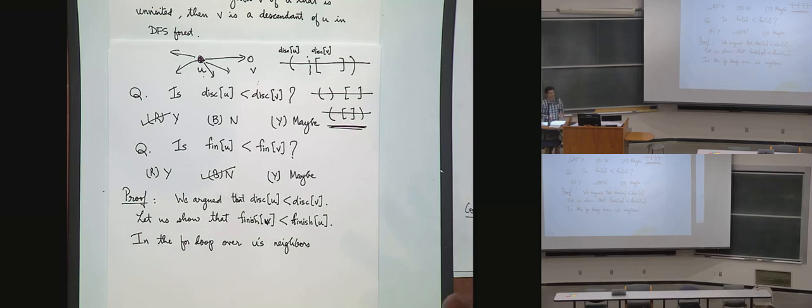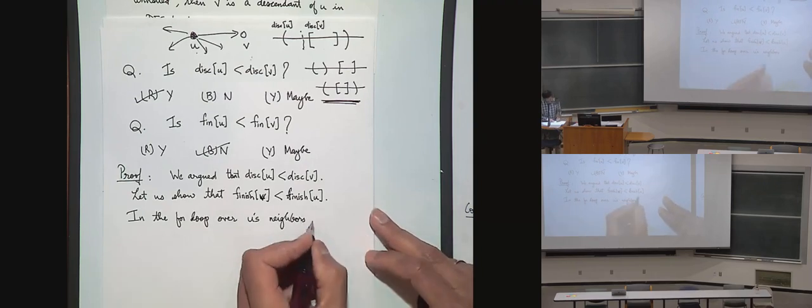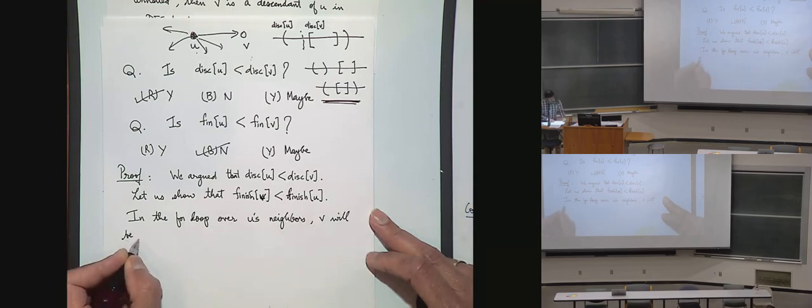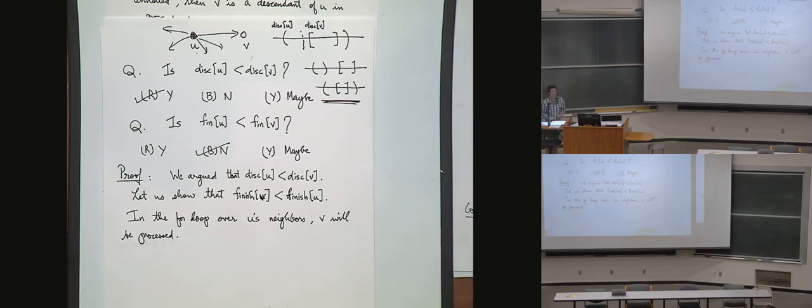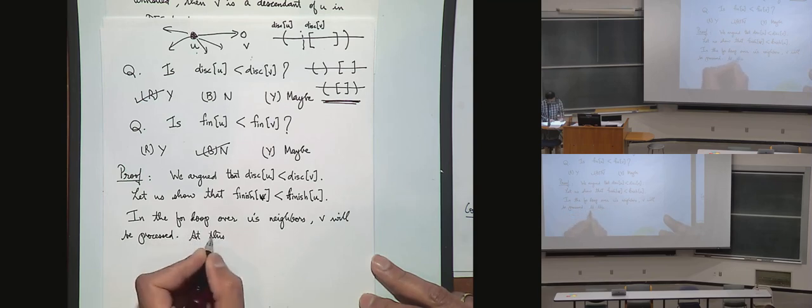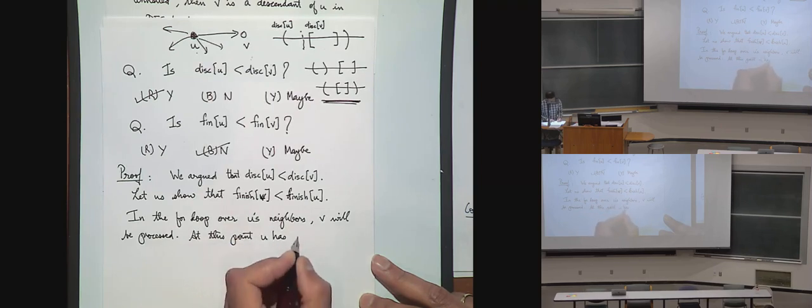Yeah? No? Okay, all right. In the for loop over U's neighbors, V will be processed. Right? So at this point, U has not finished.